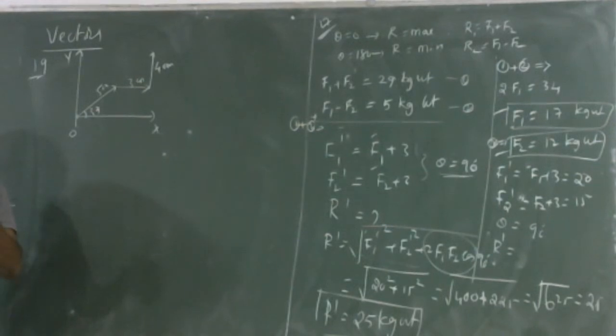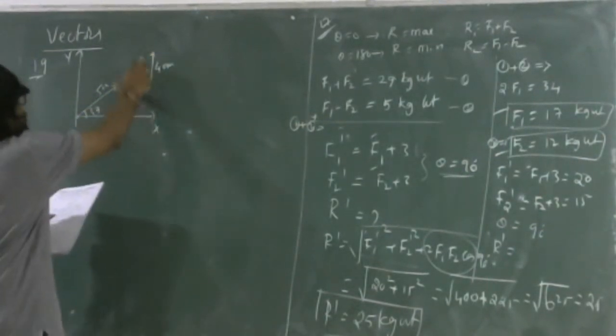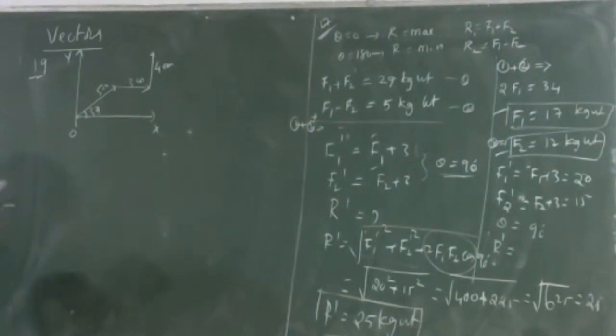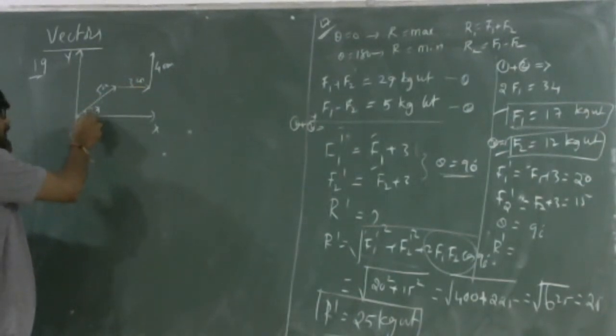Yes? Whereas the other method is, this is 3, this is 4. This is given as 5, right? But here we have to be very careful actually. If you are using the graphical method, this is making an angle of 37.